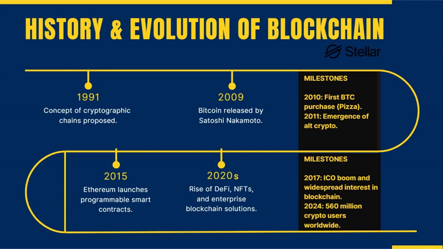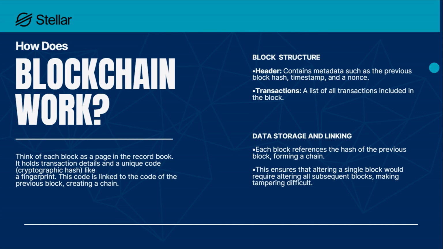In 2015, Ethereum launched and introduced programmable smart contracts, which expanded blockchain beyond just money. From 2020 onward, we saw the explosion of DeFi, NFTs, enterprise blockchain, Web3, and by 2024, there were over 560 million crypto users worldwide. This shows that blockchain is no longer experimental, it is mainstream infrastructure in the making.